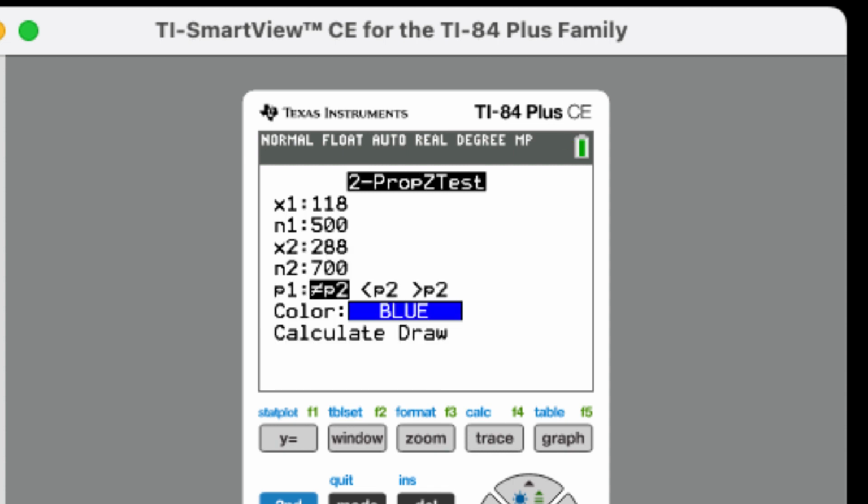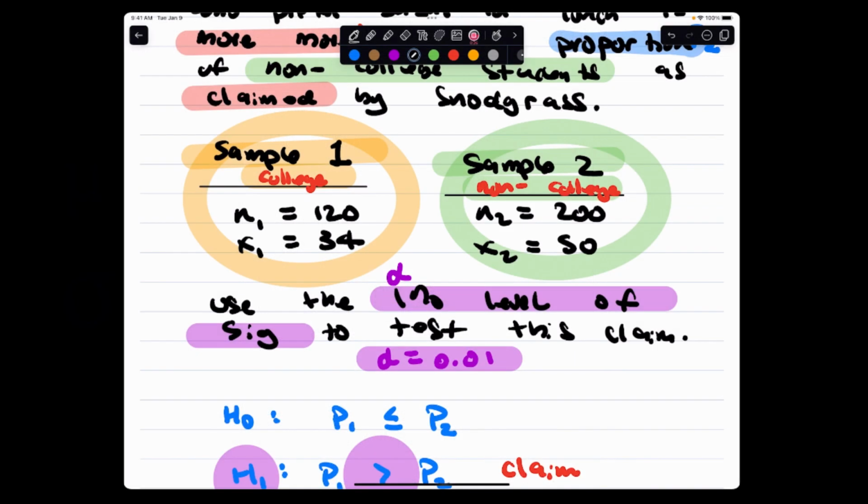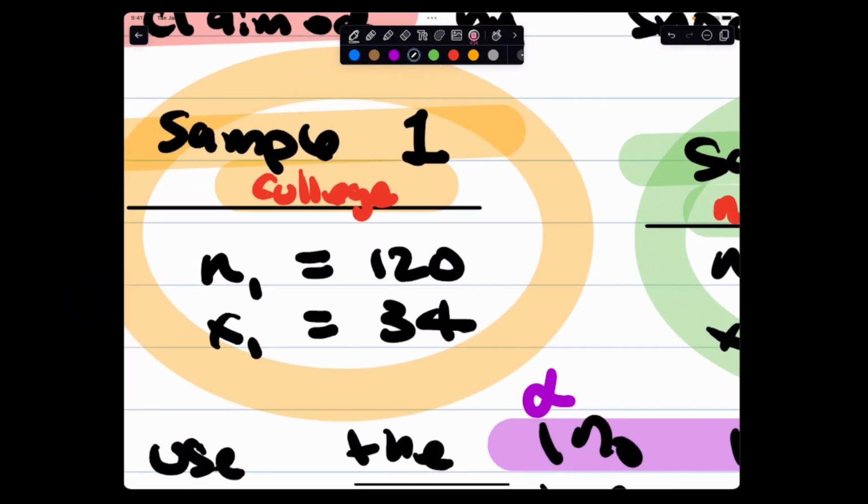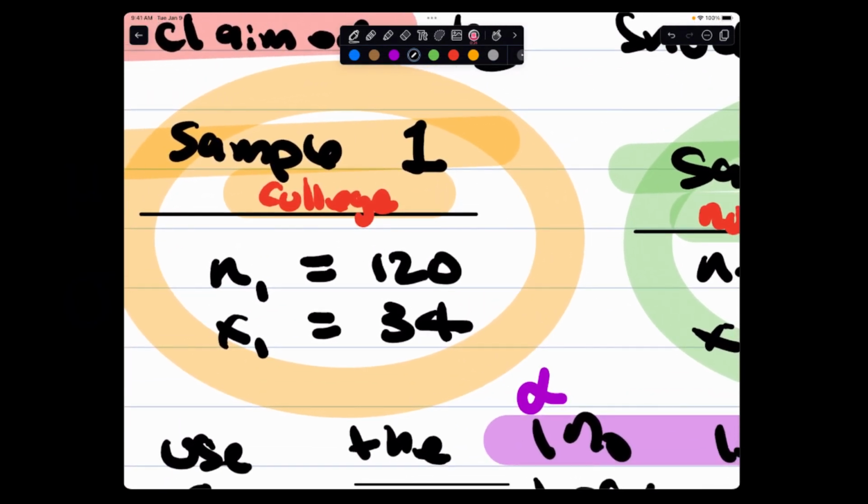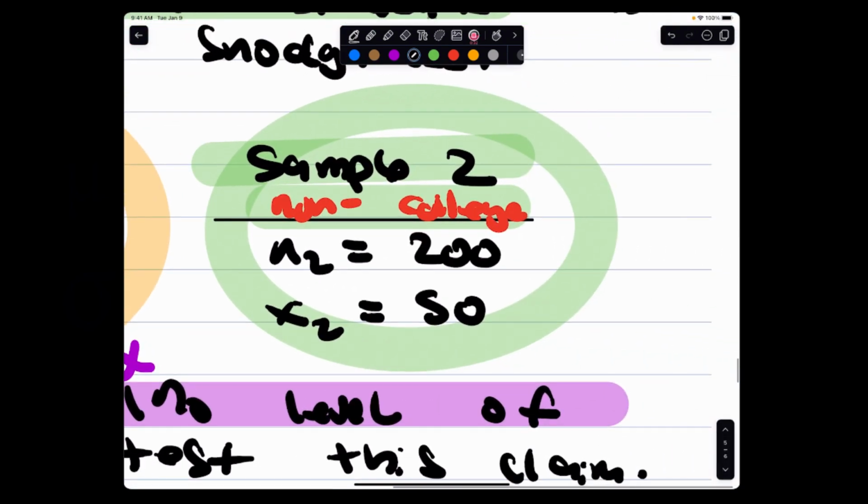That's number 6. What's your X1? How many successes? 34. What's the sample size? 120. Are you guys looking at the information here? You enter this. You guys look at the videos when you get home, good job.